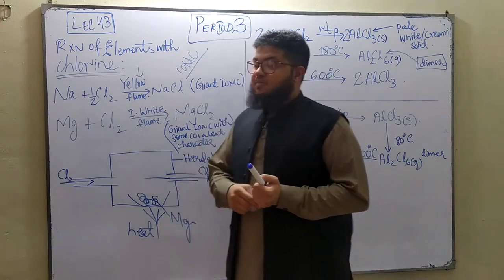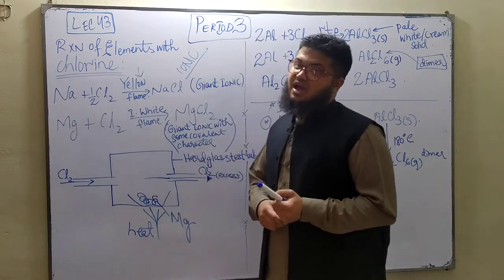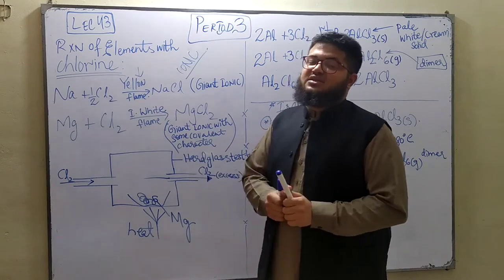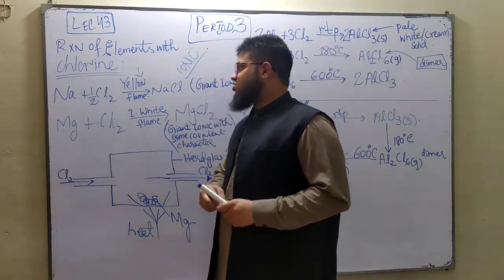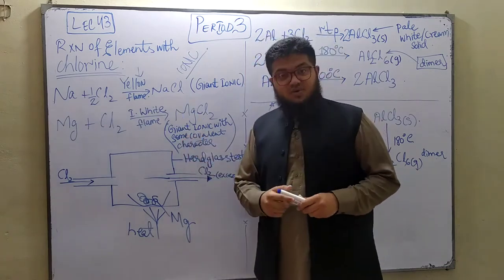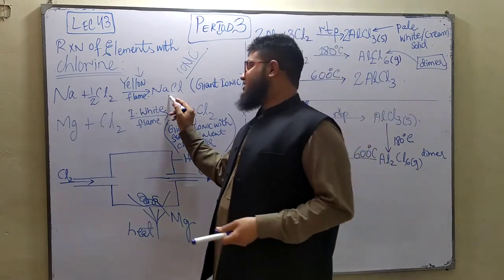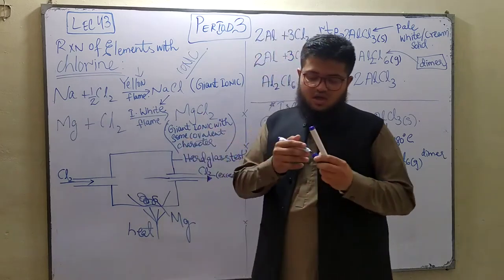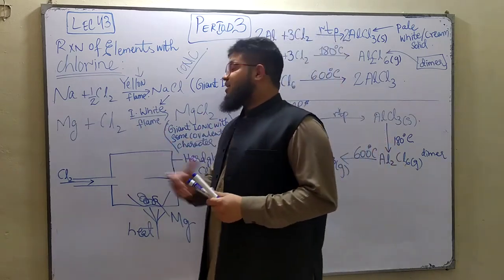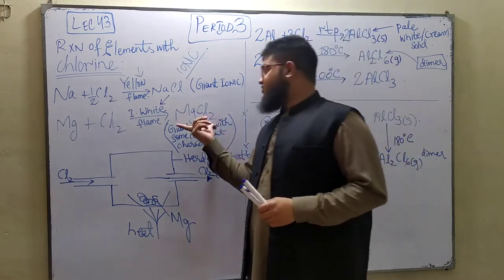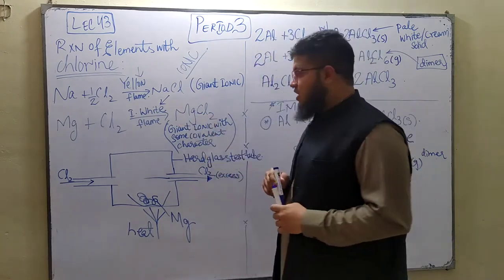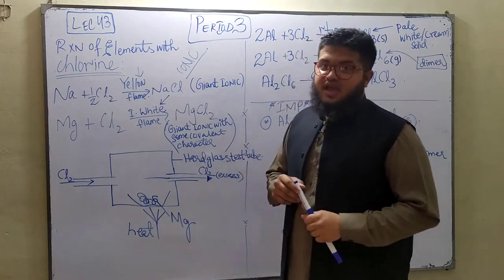Why did I say purely? Because there are some compounds which have ionic plus covalent characteristics as well, and we are going to look at them right now. Then magnesium, when it reacts with chlorine, forms magnesium chloride. By the way, the flame color is the same as the one we saw with oxygen, an intense white flame, and the solid which is formed, magnesium chloride, is a giant ionic compound with some covalent character.